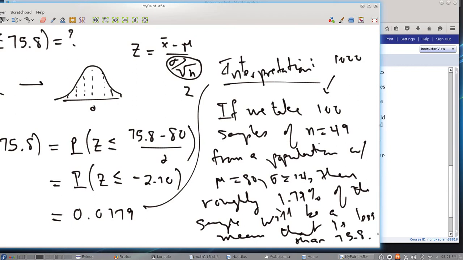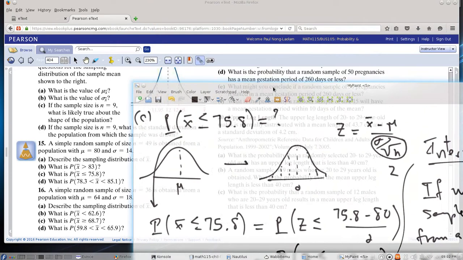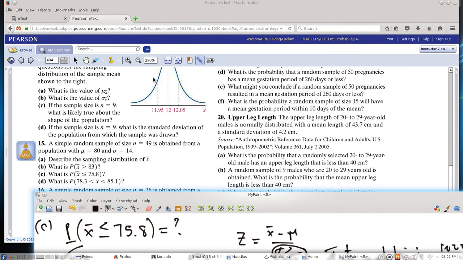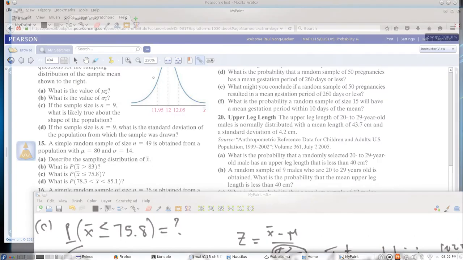Okay, so now let's finish our last part, which is part D, and that is to compute a probability between 78.3 and 85.1. Now you see here the way that we compute.